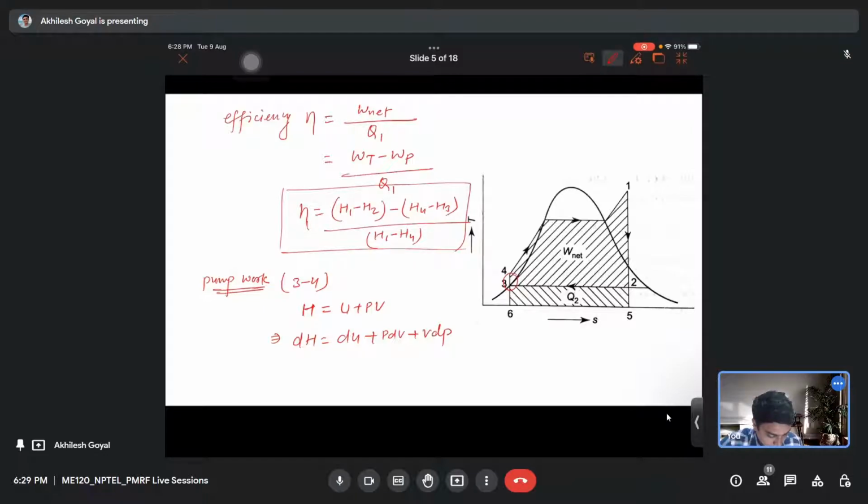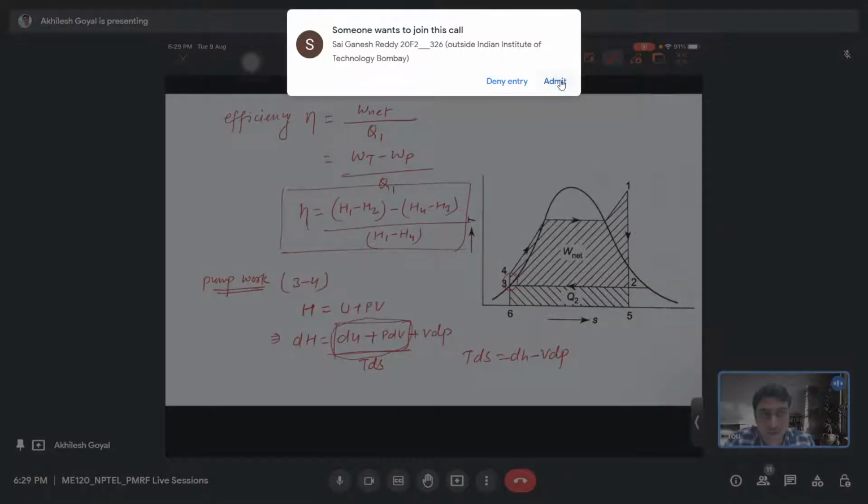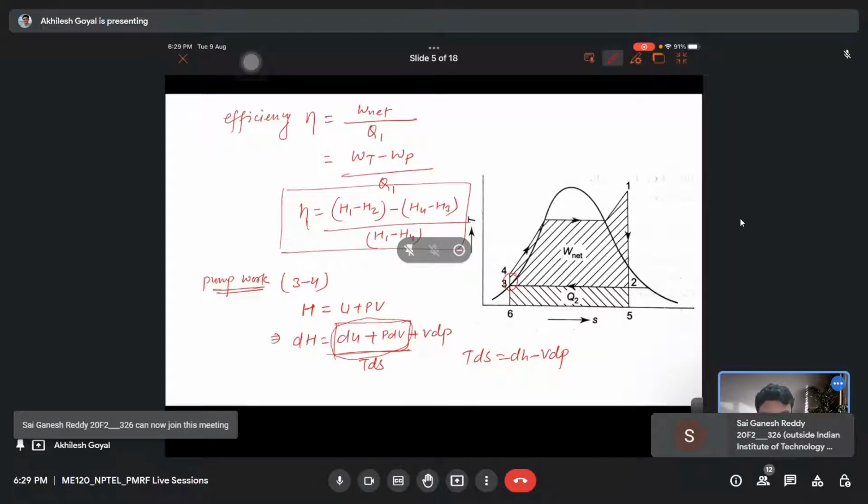And this equation also can be written as TdS is equal to dH minus VdP. How? Because this du plus PdV can be written as TdS, okay. If you are not getting how this du plus PdV is written as TdS, then please go back and watch the previous video. There we explained very elaborately how this comes.